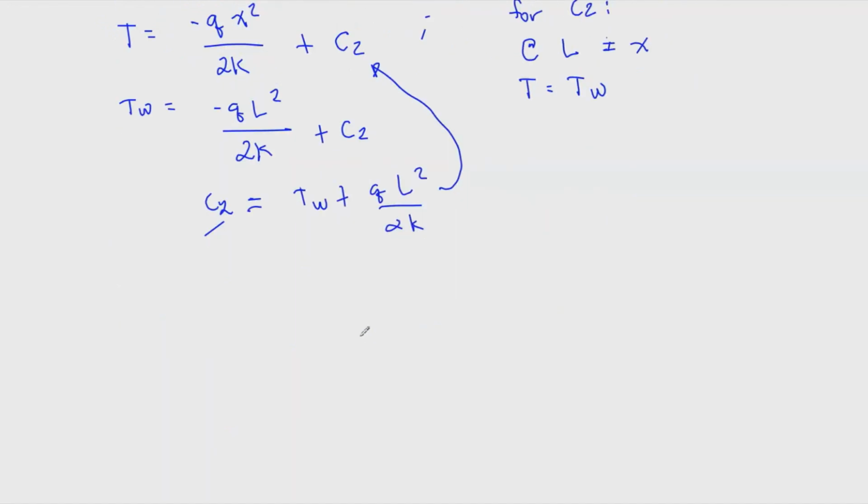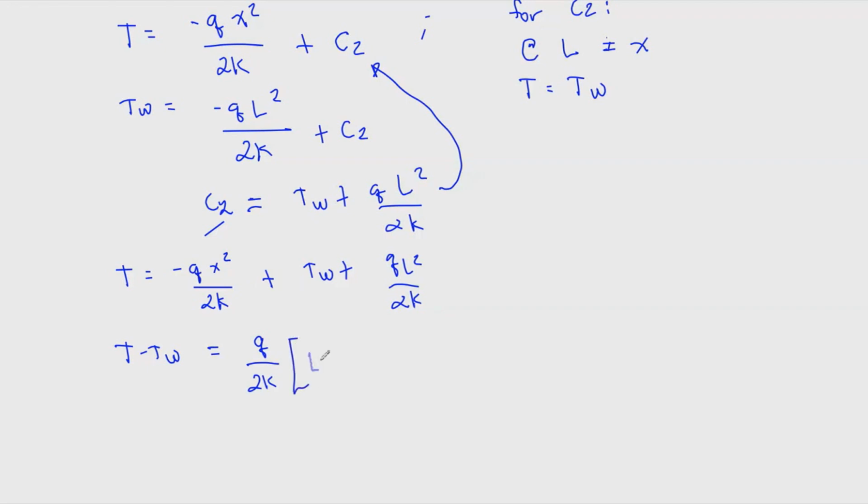So in this case, we'll have T is equal to negative qx squared over 2k plus Tw plus qL squared over 2k. And if we simplify this, we have T minus Tw equal to q over 2k multiplied with L squared minus x squared, after factoring out q and 2k.